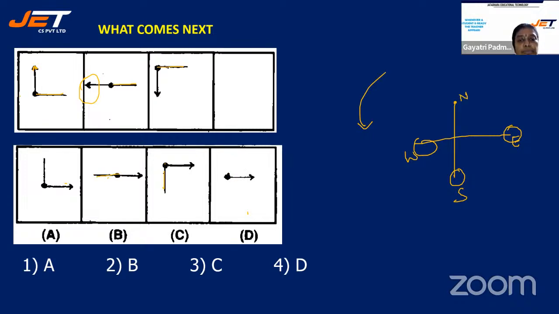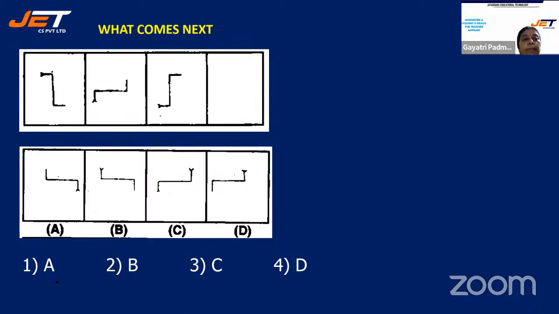But our line should face only inside. So here the darkened arrow and the lines are both together. So your option should be D, not C, not B, not A. Let's see the answer. It is D. All right? Yes. See the next question.